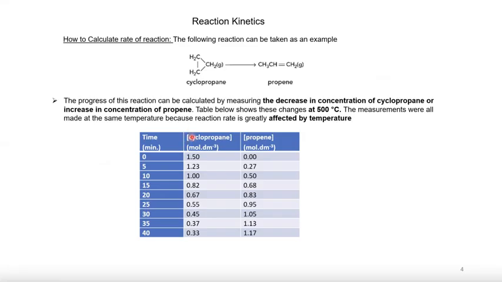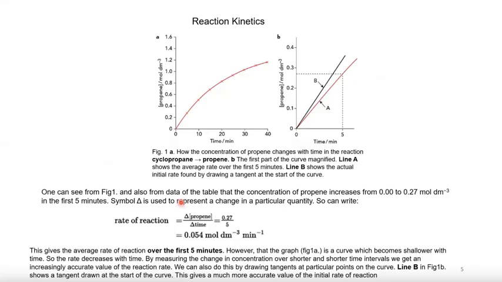We measure the concentration of cyclopropane, and we also measure the concentration of propene. This is your data, which we get after each 5 minute interval. Then we draw a curve on it.